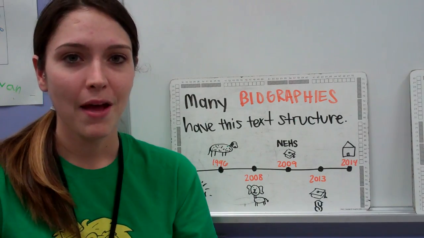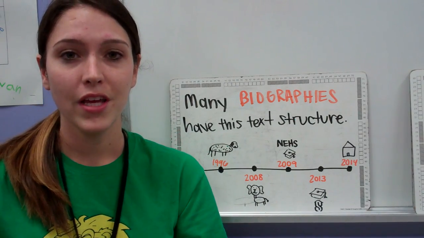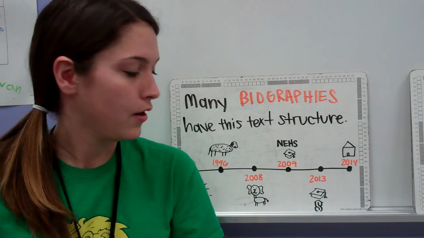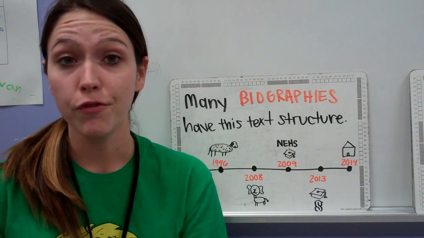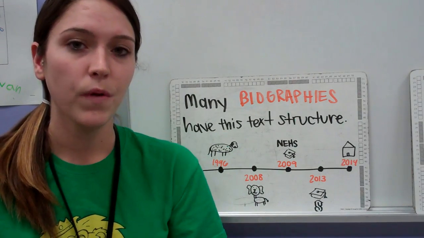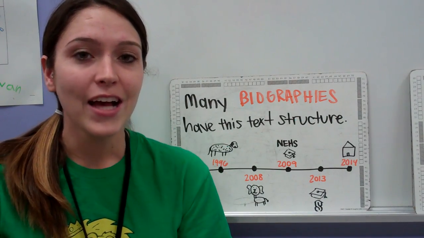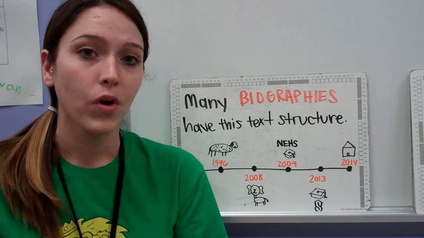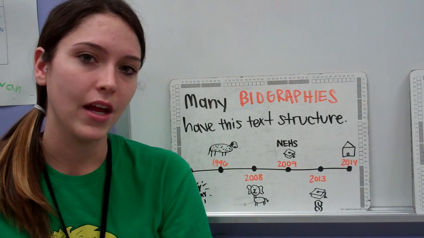Timelines and flow maps are both really good supporting organization tools to help you organize your thoughts and organize the information that you read or the information that you're going to write if you're using this text structure. So if you're studying biographies and you pick someone that you would like to study, as you go along collecting information about the events in their life, you can organize them into a flow map or into a timeline based on the year that they occurred.